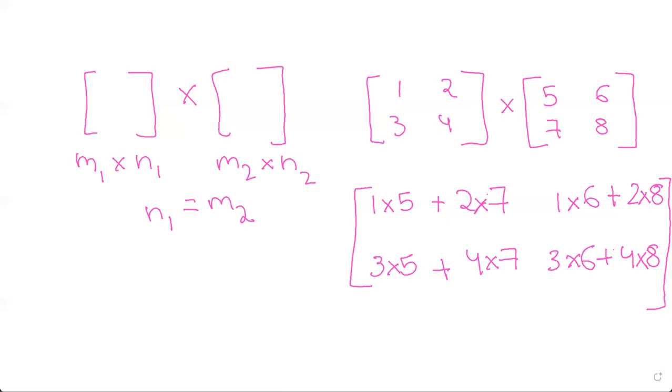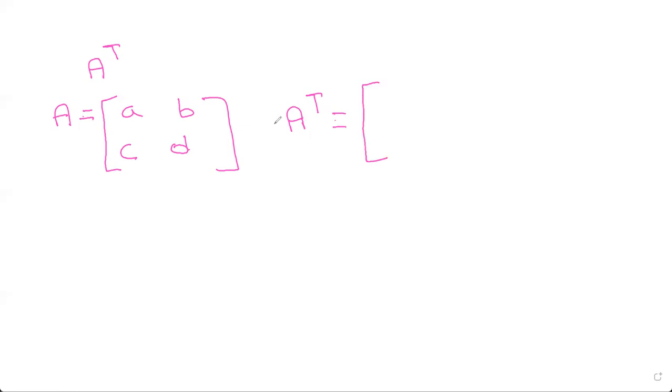Now let's look at the transpose of a matrix. It's represented as this. This is the transpose. So I'm just going to define a matrix as A. If A is A, B, C, D, and they ask you what is the transpose of A. So in transpose, the rows become columns and the columns become rows.